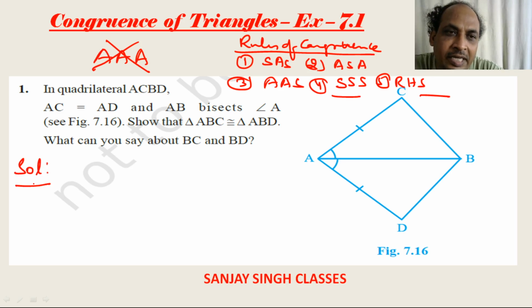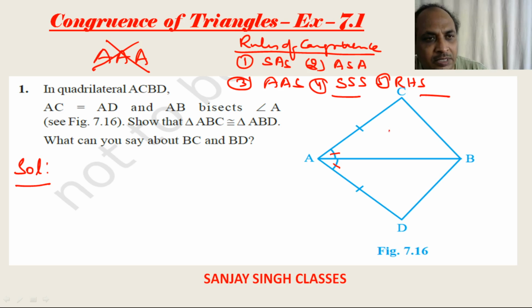In quadrilateral ACBD, we are given AC is equal to AD, and AB bisects angle A, means this angle is also equal to this angle. We need to prove that triangle ABC is congruent to triangle ABD.